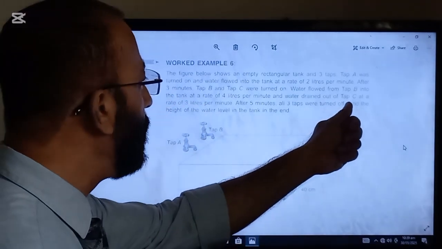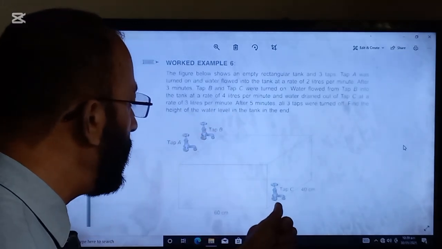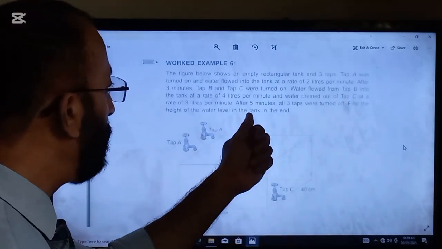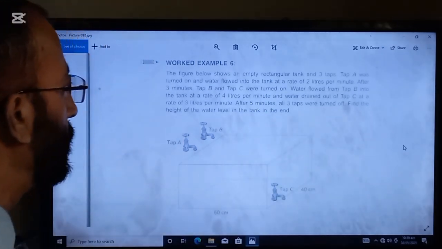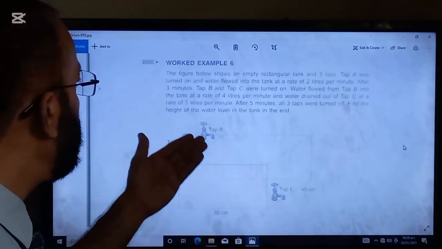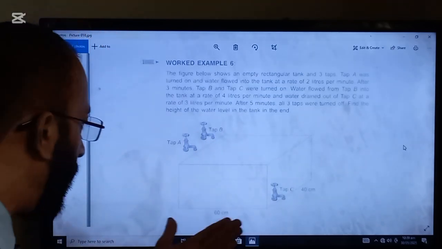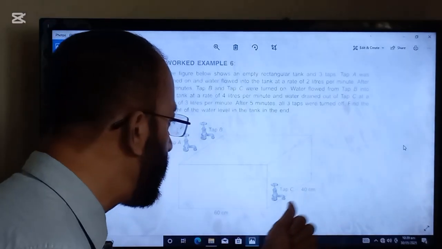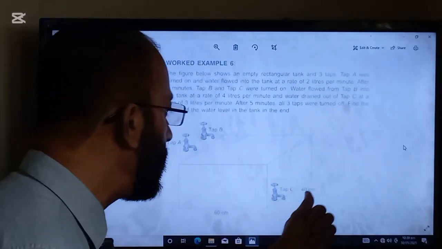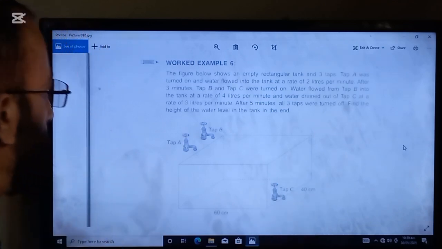So the rate of the drainage is 3 liters per minute by the tap C. After 5 minutes, all 3 taps were turned off. Find the height of the water level in the tank in the end. Dimensions of the base, length and breadth, are given, that is 60 centimeter by 40 centimeter of the rectangular tank.